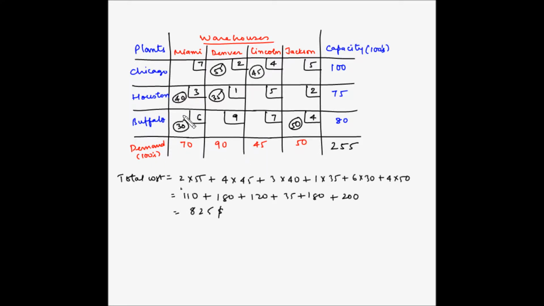Now we know that m plus n minus 1 in our case is 3 plus 4 minus 1, which is 6. And let's find out the number of allocations. So we have 1, 2, 3, 4, 5 and 6. So the number of allocations is equal to m plus n minus 1. So the first condition of acceptability is met here.